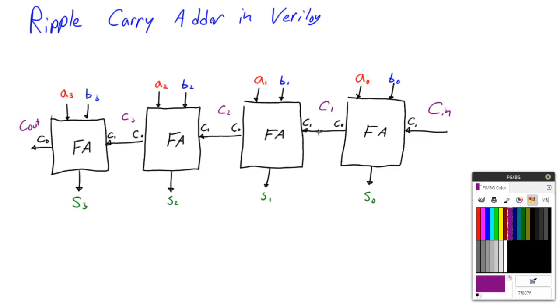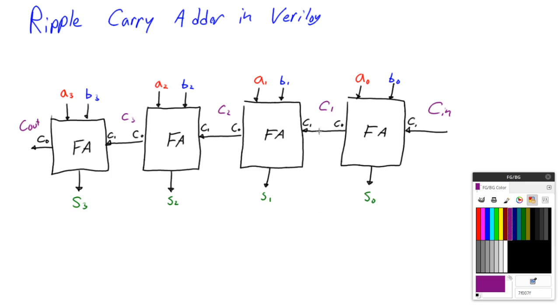But what about these three signals here? These guys are internal to our 4-bit adder, meaning that they never actually get broken out, and we're never really going to look at them.